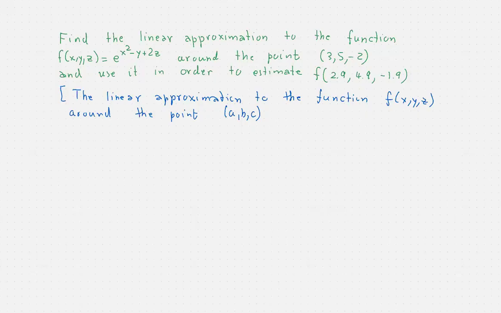So g of x, y, z is equal to the value of the function, the output of the function at the point under question, the center of the approximation as we call it, and then we take each partial derivative and multiply it by the variable minus the component of the point at that particular position.